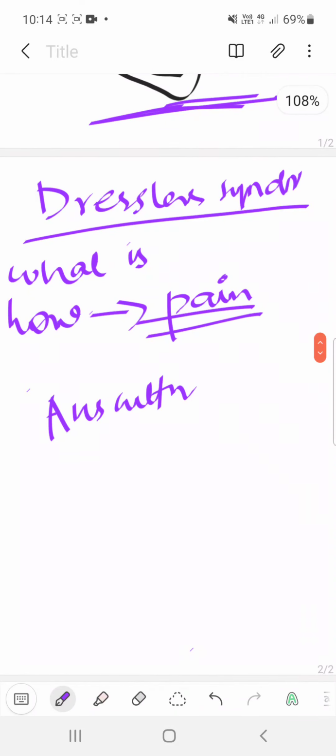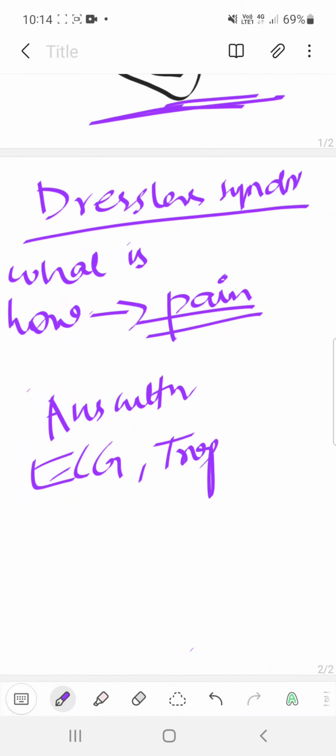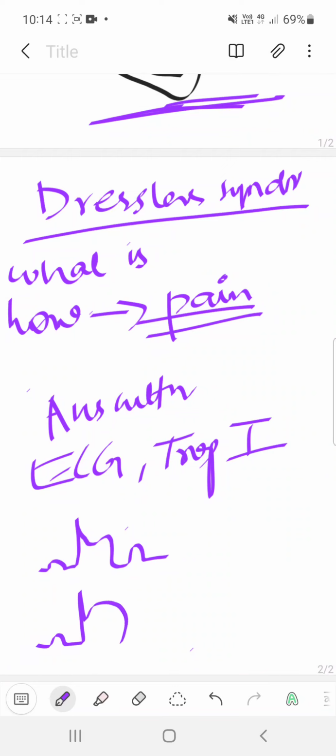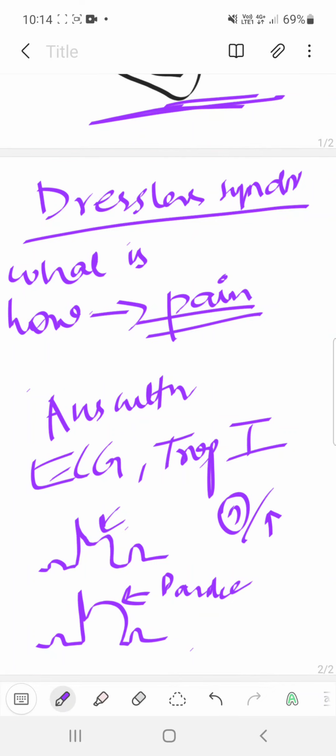Next, the doctor will order two things, ECG and troponin markers. In the ECG, in an MI you get a convex ST segment, called tombstone or Pardee sign, but here the ST segment is concave. Troponin can be normal or elevated.